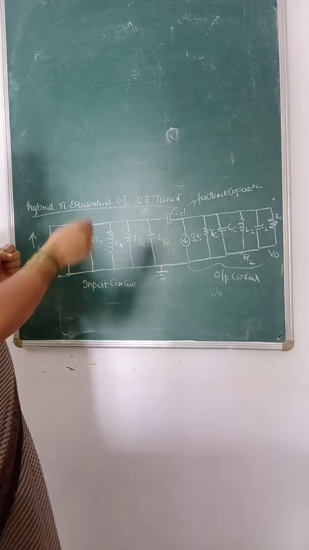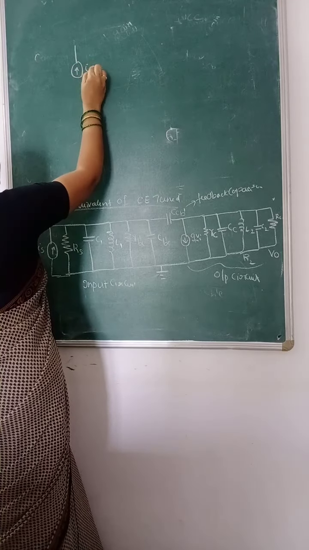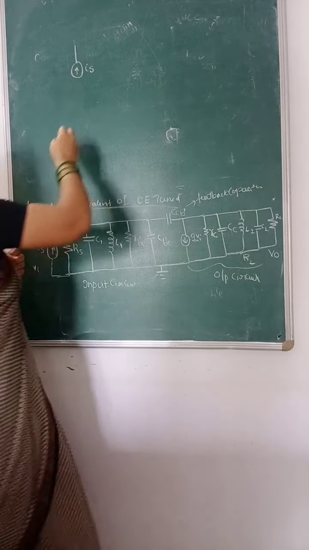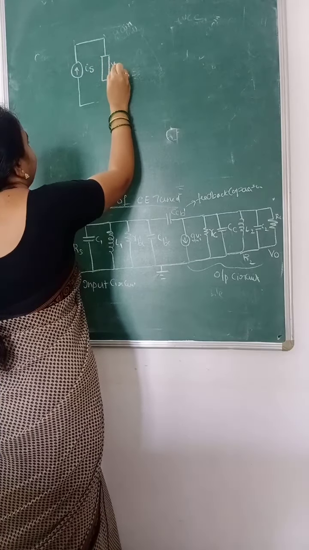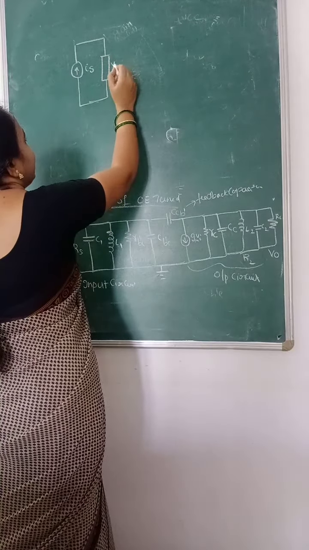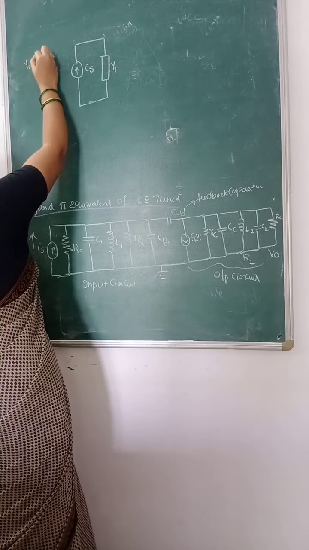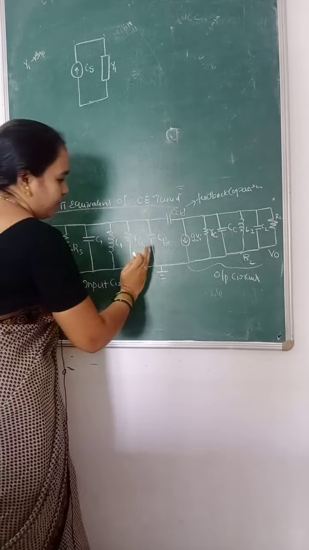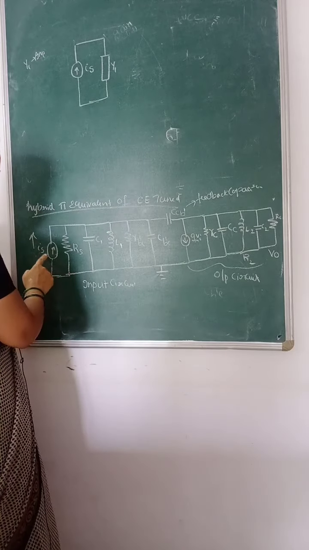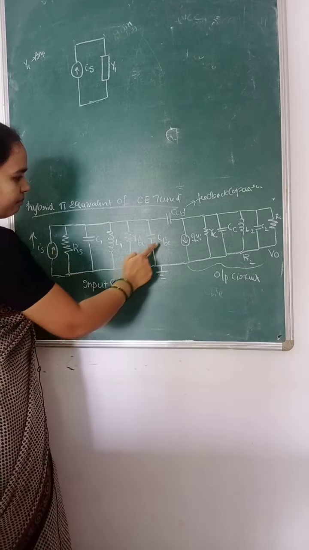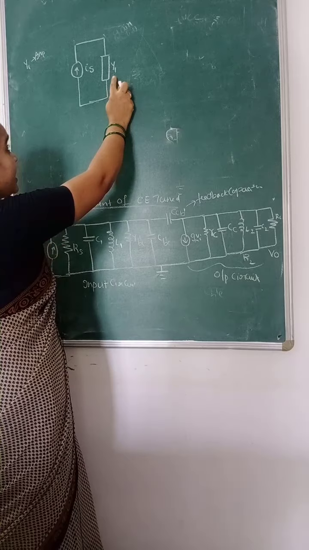So it is the simple circuit having the current source Is, with Y1. Y1 is the input admittance. What is the resistance for this total circuit, excluding this Is, is represented with Y1.